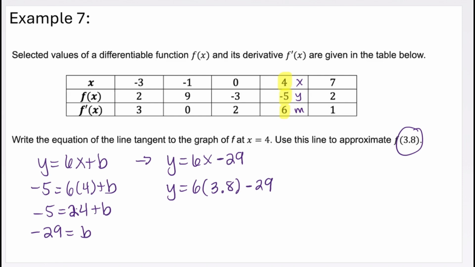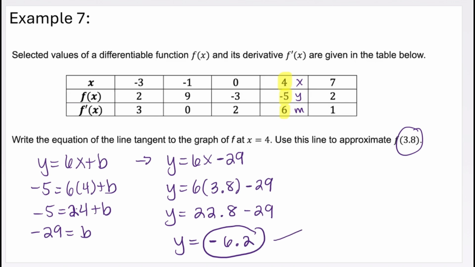Yes, 22.8. So y equals 22.8 minus 29. And that would be y equals -6.2. So that would be the approximation of f of 3.8 using the information from that table.